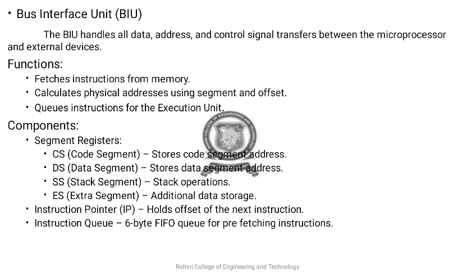Components: segment registers, CS code segment stores code segment address, DS data segment stores data segment address, SS stack segment for stack operations, ES extra segment for additional data storage, instruction pointer IP holds offset of the next instruction, instruction queue 6-byte FIFO for prefetching instructions.